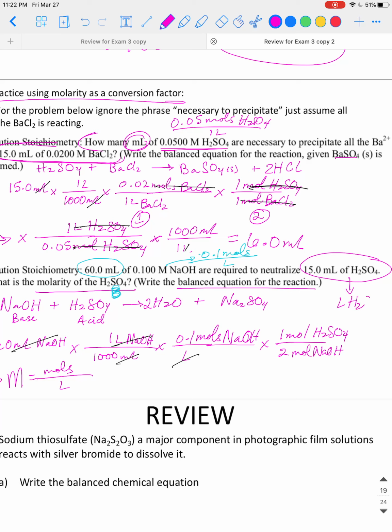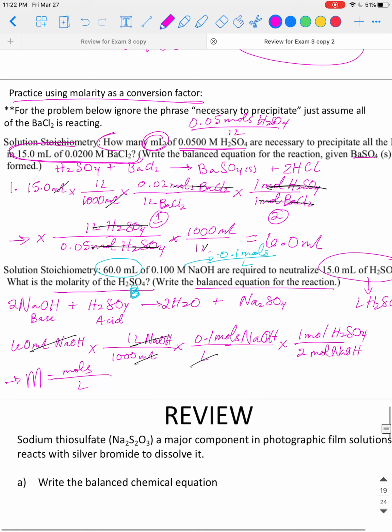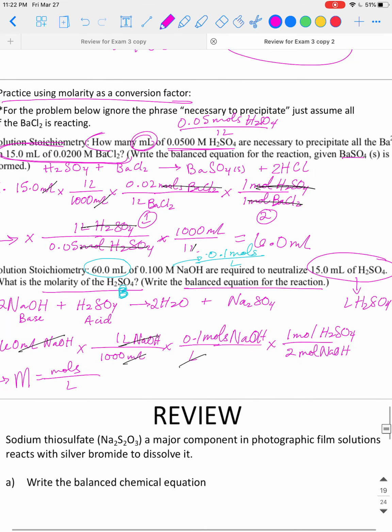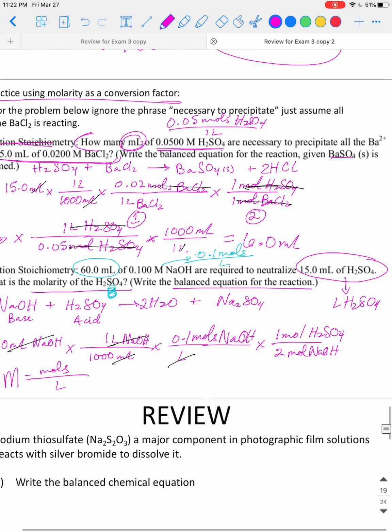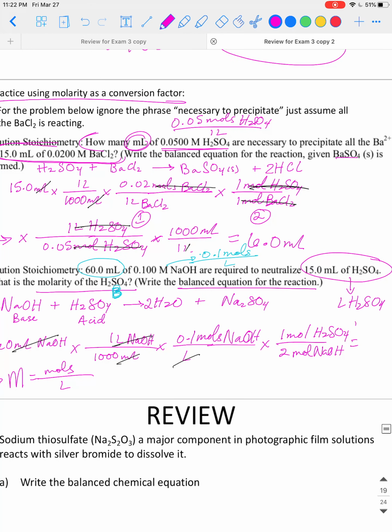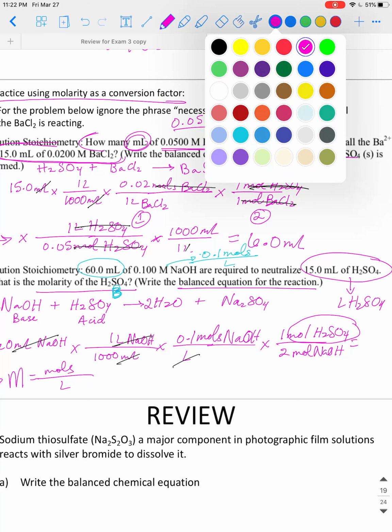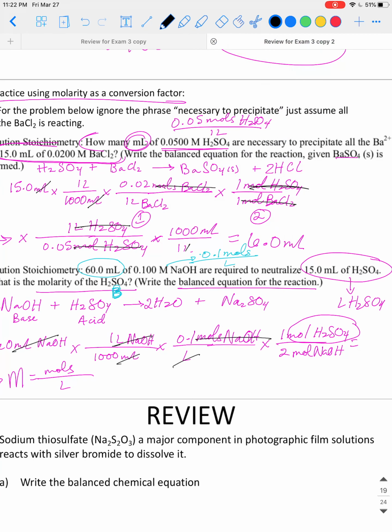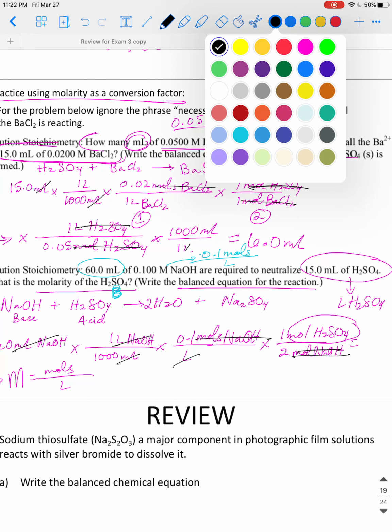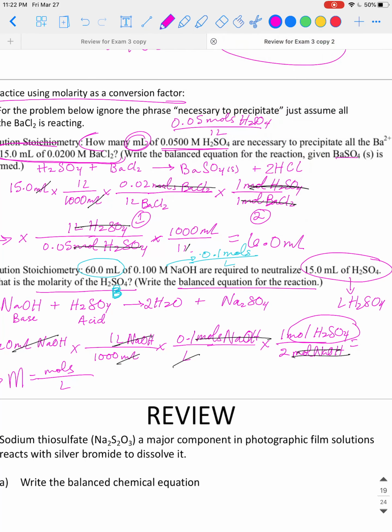We need to convert this to liters of H2SO4. And if we stop our problem right here, this big long one we've been doing the stoichiometry for, guess what our answer will be? Moles of H2SO4. Because moles of NaOH cancel. And if we have moles of H2SO4 and we have liters of H2SO4, we can calculate the molarity. So that is what we're going to do.